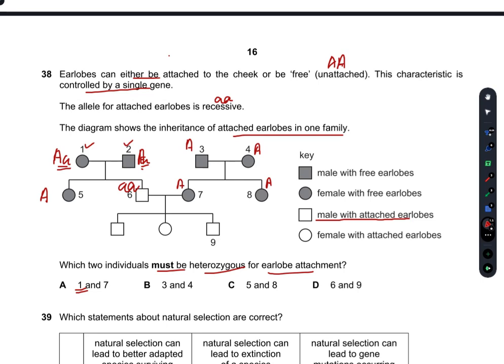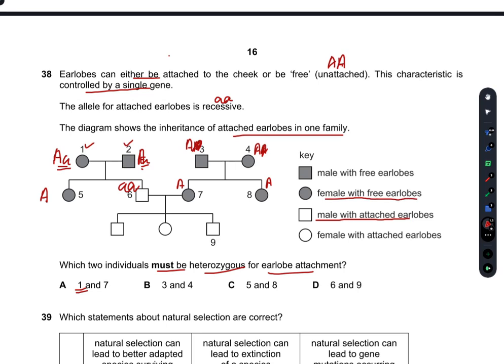So these 3 and 4 mate together to produce two children, which are female with free earlobes.